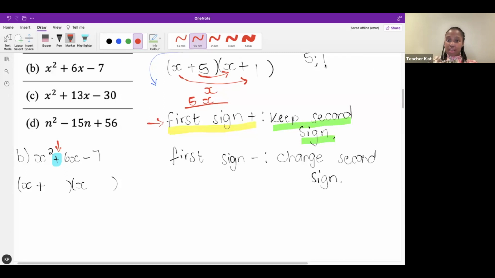Look carefully. First sign, positive. What does it say here? First sign is positive. Does it say keep or change? Let's hear. It says keep. You need to look carefully, guys. Okay? It says keep. Do we all see that?